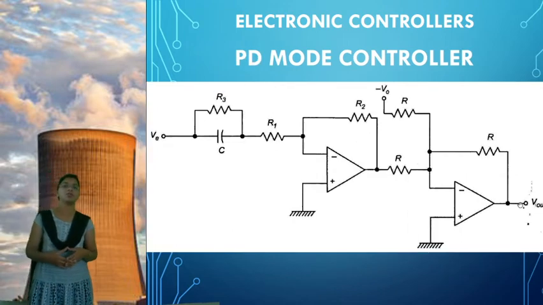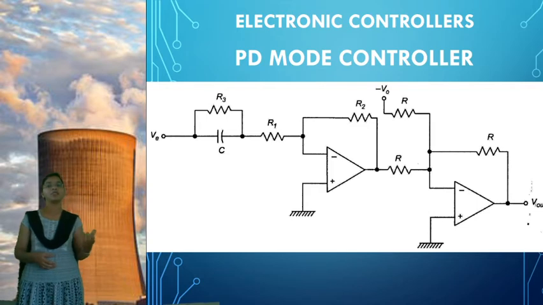Next one, PD mode. PD mode is nothing but the proportional action being performed as well as derivative action. But in the proportional derivative mode, will the offset be eliminated? No, offset is also present in the proportional derivative mode. Whatever the error in the proportional mode, that will not be eliminated here, offset is present.